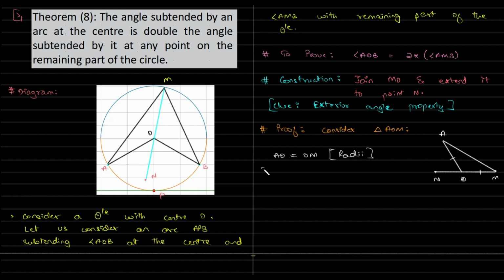With this, what can I tell? With this, I can tell that angle OAM is equal to angle OMA. These two angles are equal. Why? Angles opposite to equal sides in a triangle are equal.